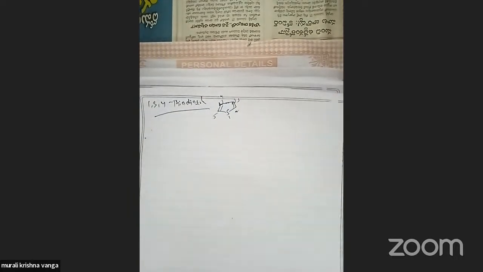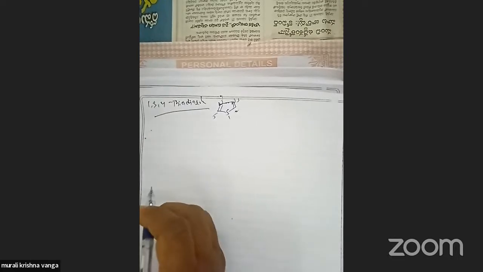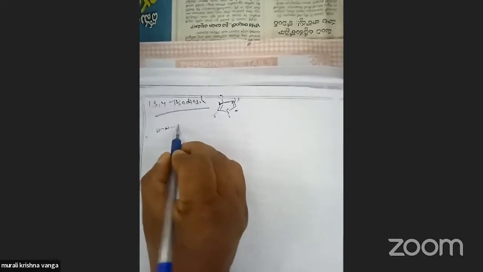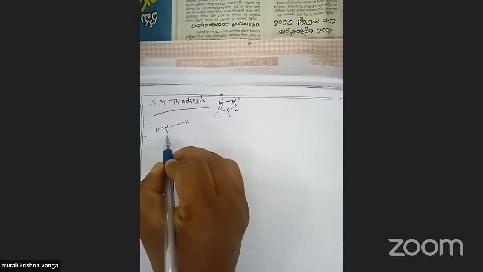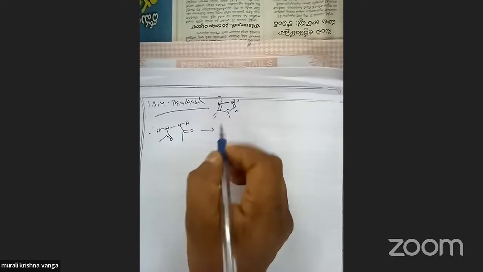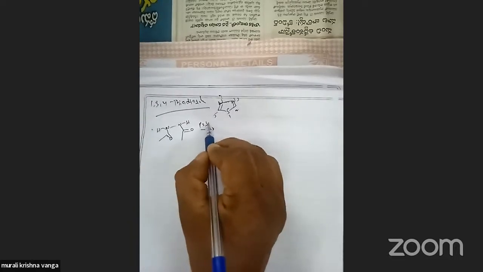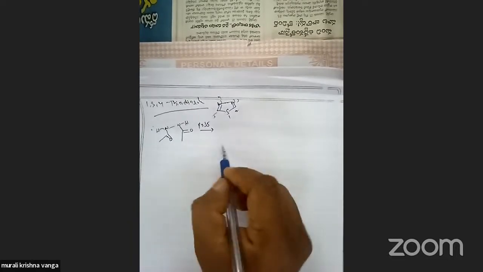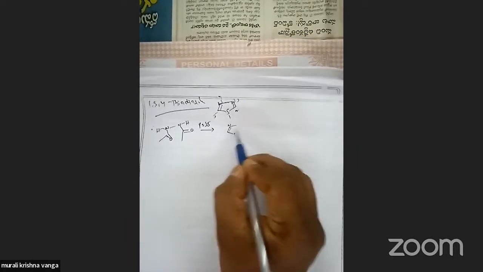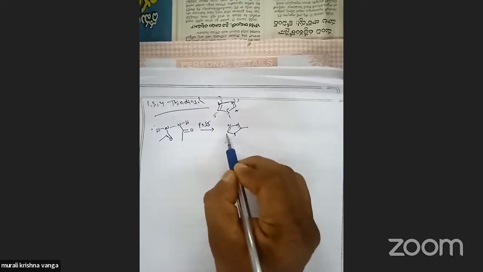When N,N-diacylhydrazine reacts in the presence of P2S5, it undergoes cyclization to produce the 1,3,4-thiazole as the product.